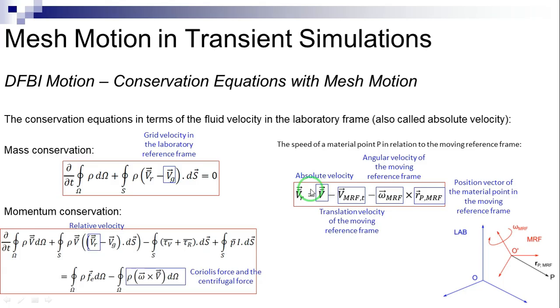The term V_MRF,T indicates the translation velocity of the moving reference frame, which is the velocity of its origin relative to the laboratory frame.